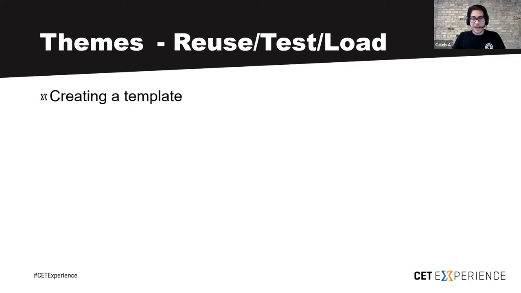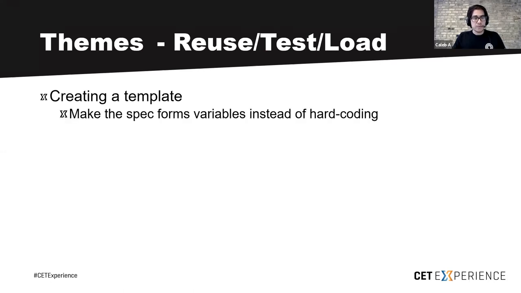Basically, taking what we have from that, we can make quick improvements by making those spec form variables instead of hard coding. Like I showed in my personal theme, you can have variables at the top and use those instead, and then that way you can just swap out colors for a given variable instead of going through.